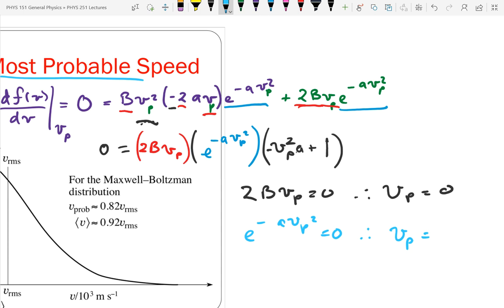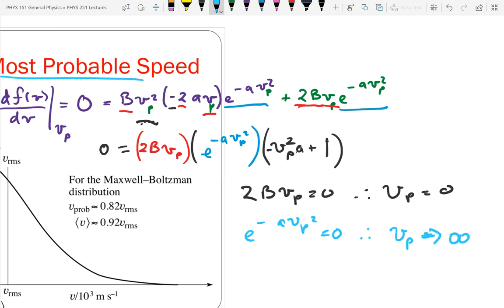Hence, what is vp going to have to be to make this entire thing 0? E to the minus infinity approaches 0. And so this is vp approaches infinity. Right? You can't equal infinity anyway because of what we just said, approaches.